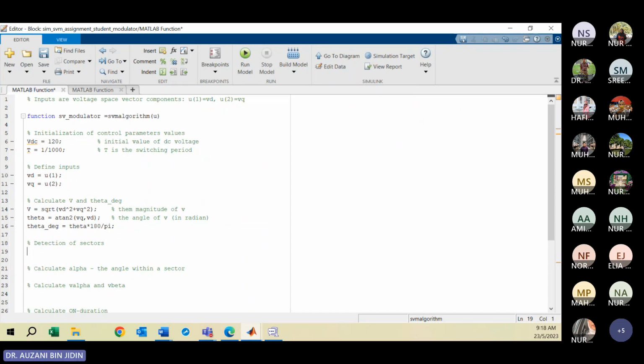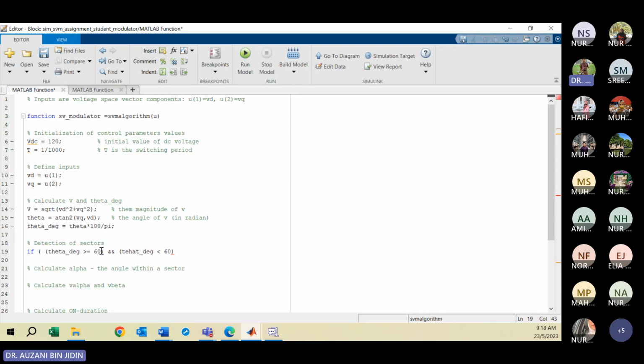If theta_degree larger than or equal to 60, close bracket, and double AND symbol. So you have two conditions. The first condition, theta_degree larger than or equal to 60. The second condition, theta_degree less than 60. Sorry, this is wrong.